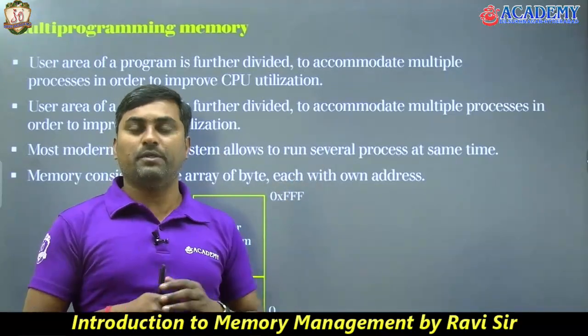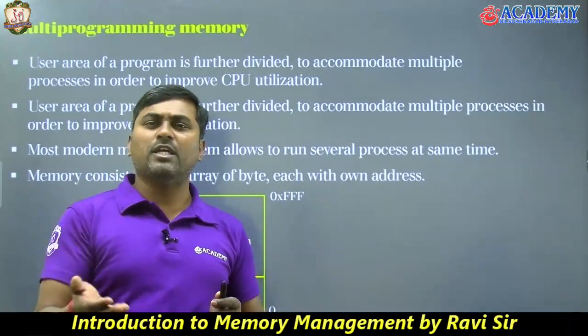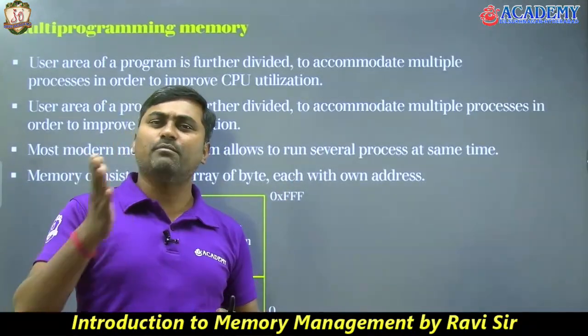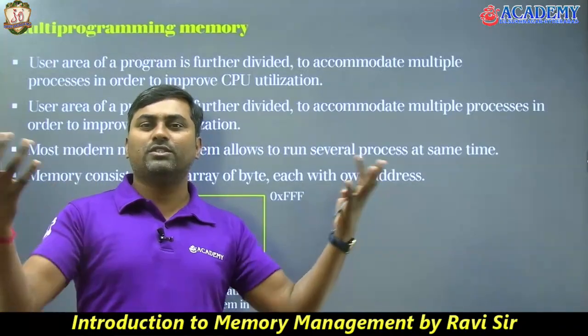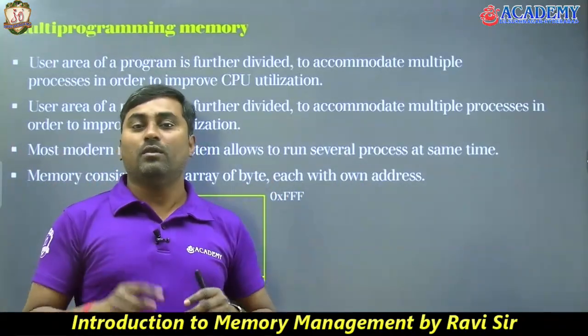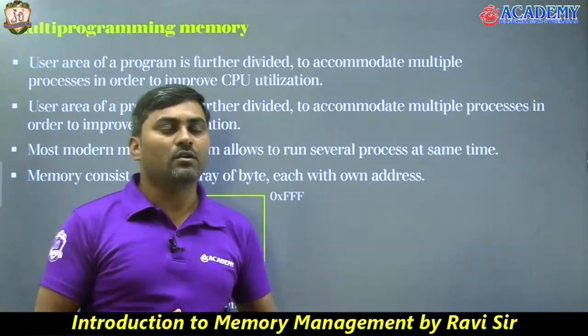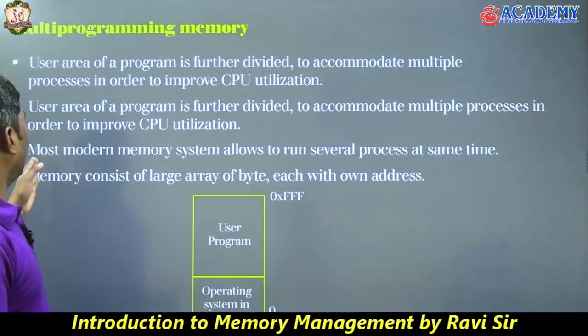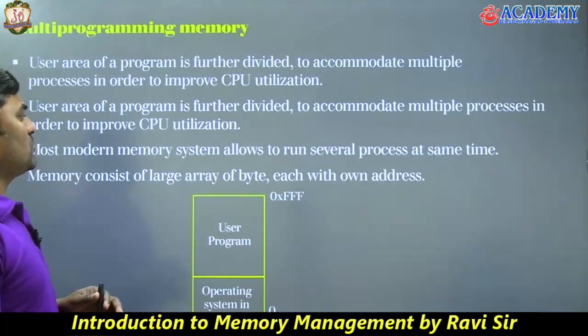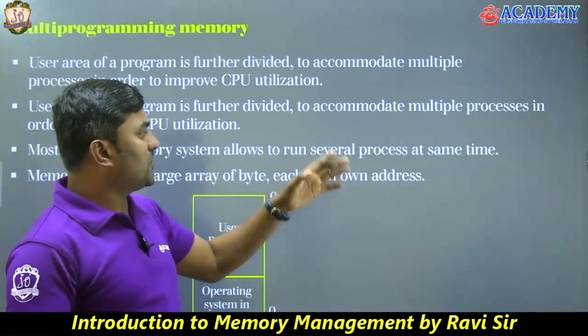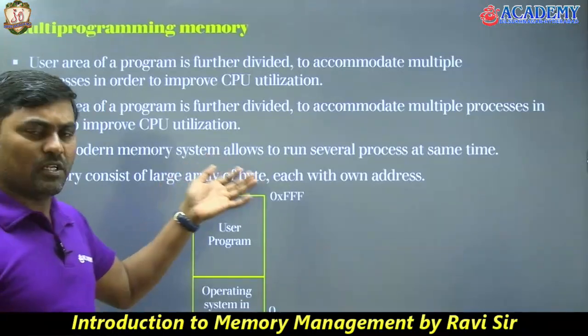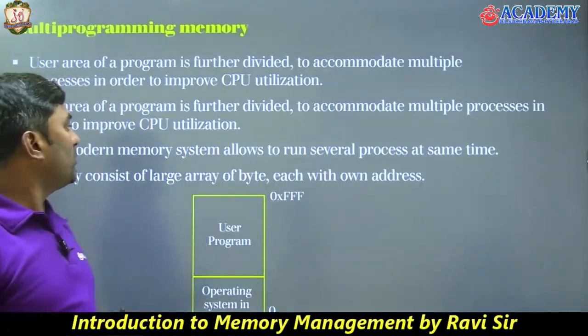So memory management is nothing but dividing the memory into multiple parts where several processes you can keep. The purpose is to improve CPU utilization, right? Most modern systems allow running several processes at the same time, meaning we keep more than one program in main memory.